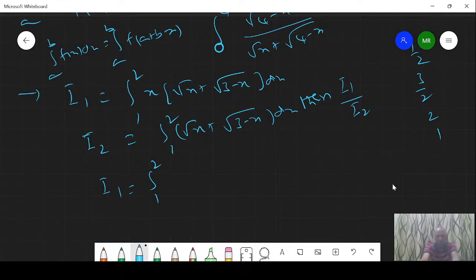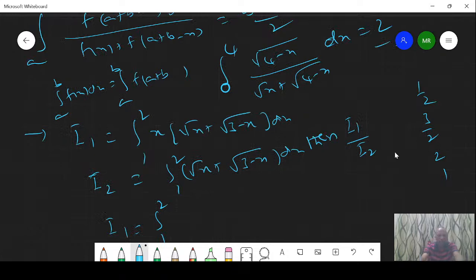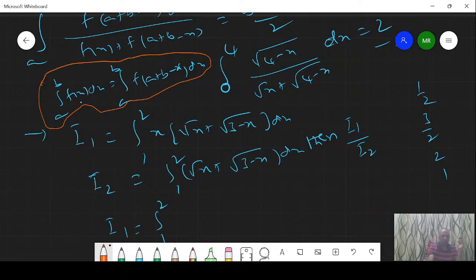You can observe here, I can write this. The integral from a to b of f of x dx is equal to the integral from a to b of f of a plus b minus x, dx. Is that clear, right?